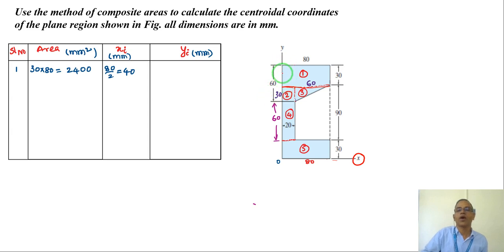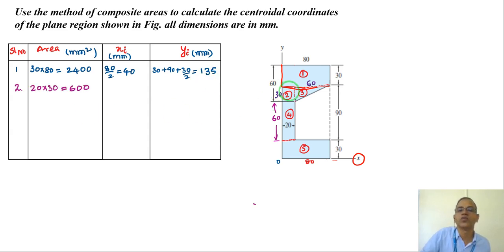Now yi, along the y-axis, how much dimension? 30, so 30 by 2. But what is the reference? From the x-axis, right? So that means this 30 plus this 90 plus 30 by 2, which is 135.